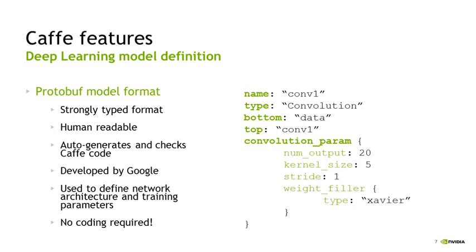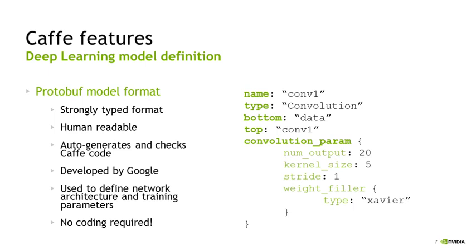You see a sample on the right of this chart of a single convolutional layer of a convolutional neural network, and how it would be defined in the protobuf format in a Caffe model. So this format is a strongly typed format. It's human readable. By strongly typed, I mean it has a specific syntax that you need to adhere to. Otherwise, Caffe will throw an error when it ingests the format.